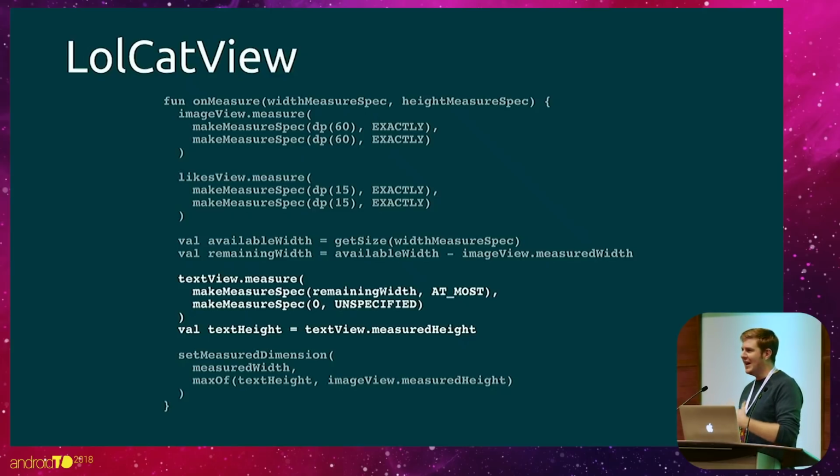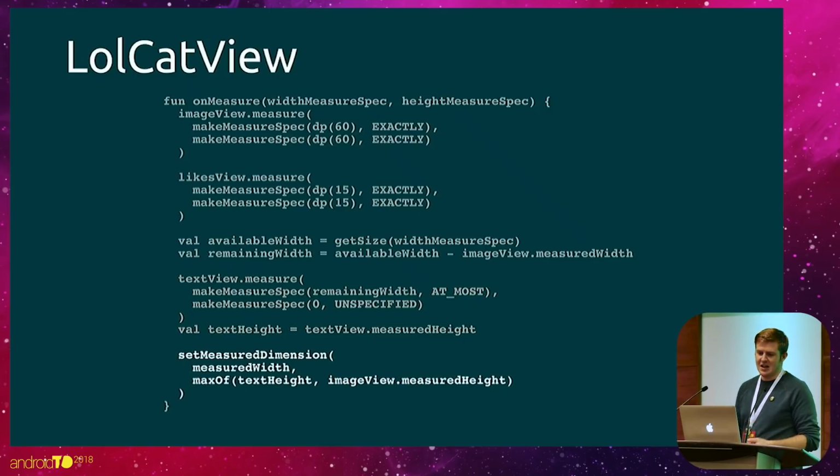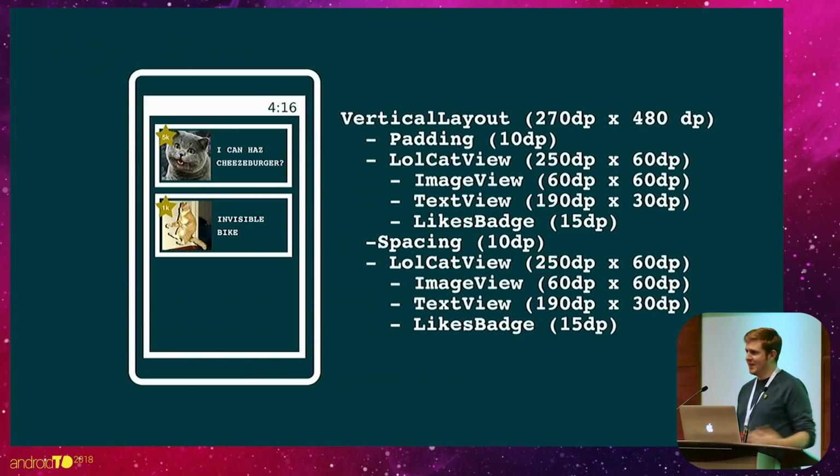So now we have the height of our text view. We can then plug this into the set measured dimensions method on our view, with a max function, and set the height of your LolCatView to either the height of your text view or the height of your image view. Whichever is bigger defines the height of the parent view. So this is all measured out now.